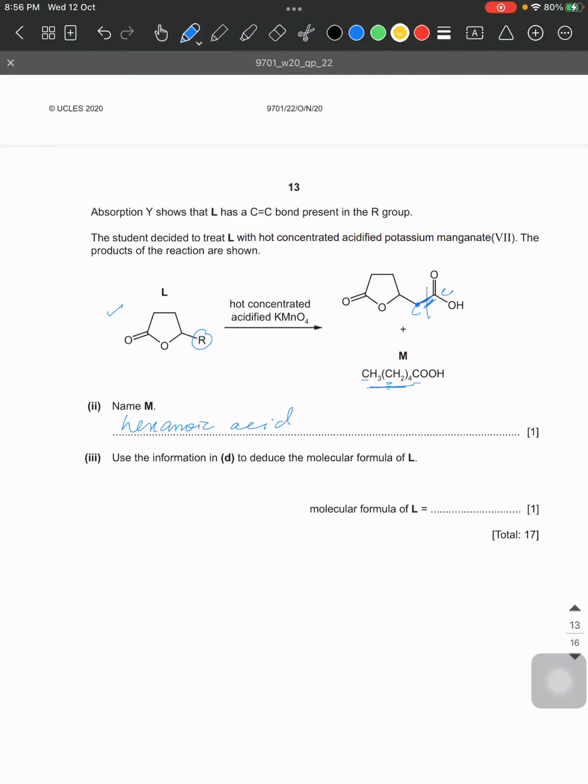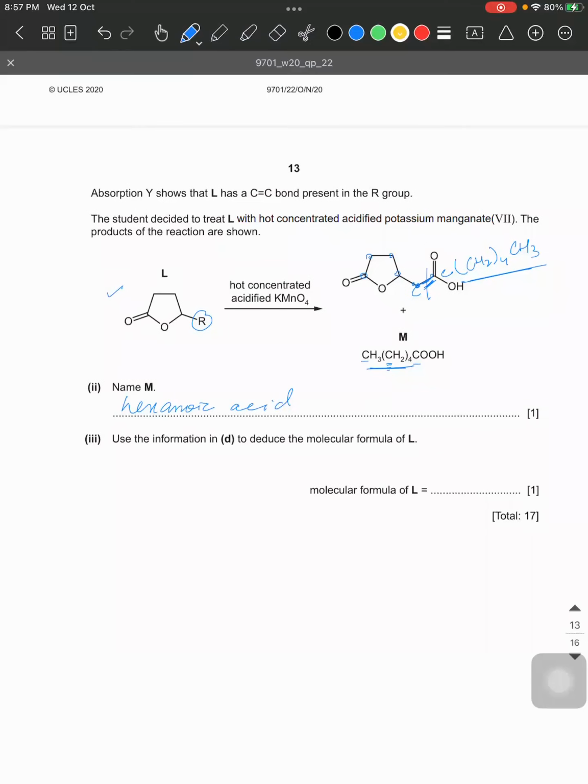So with the carbon here, what is present, children? Here you have 4 CH2 and one CH3 as well. So we have 6 carbons over here, and over here 1, 2, 3, 4, 5 and 6, right? So 6 and 6, we have 12 carbons. And if you talk about H's, how many H do we have here?